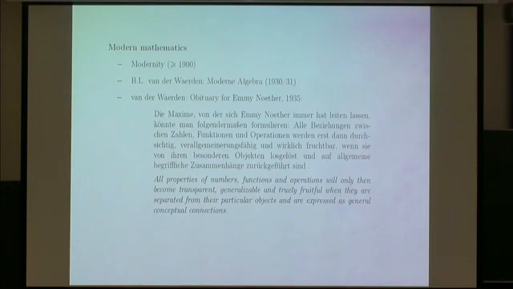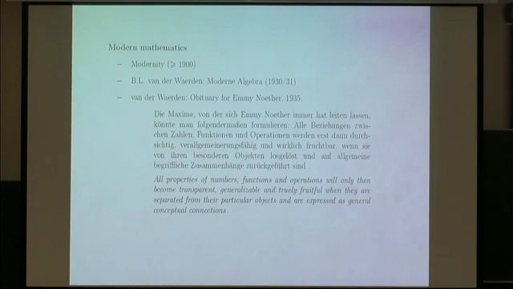In mathematics, we think of modern algebra, the book by van der Waerden, and van der Waerden very much was influenced by Emmy Noether, whom he would call very modern, and then he characterizes her mathematics: all properties of numbers, functions, and operations will only then become transparent, generalizable, and truly fruitful when they are separated from their particular objects and are expressed as general conceptual connections.